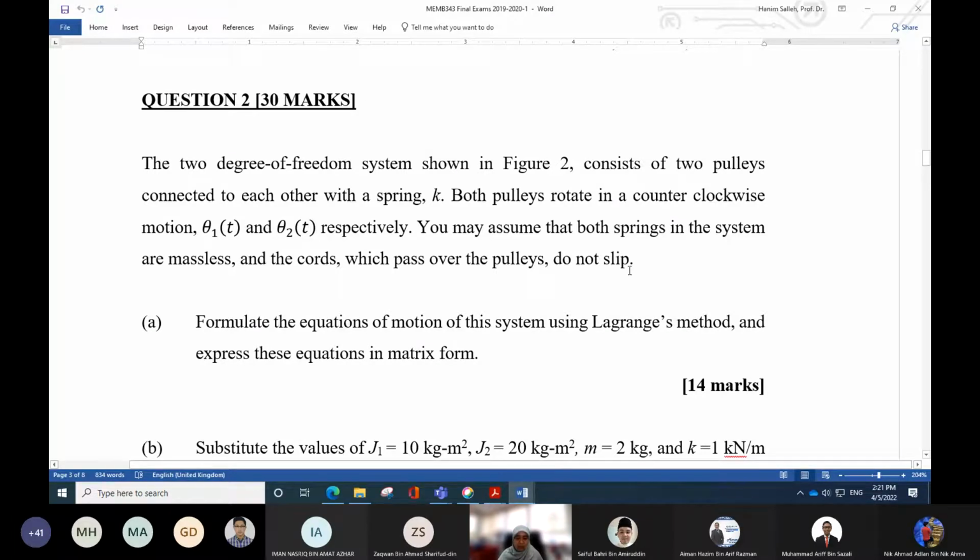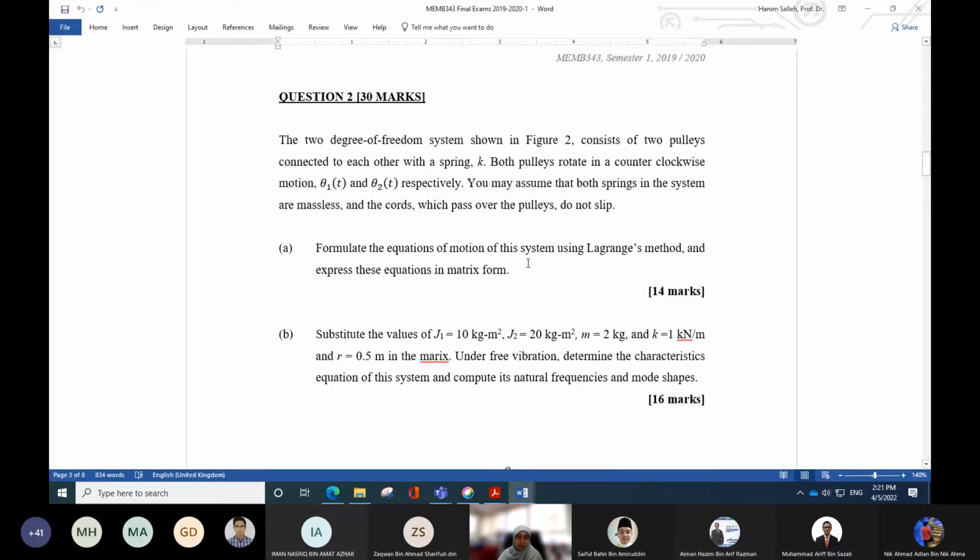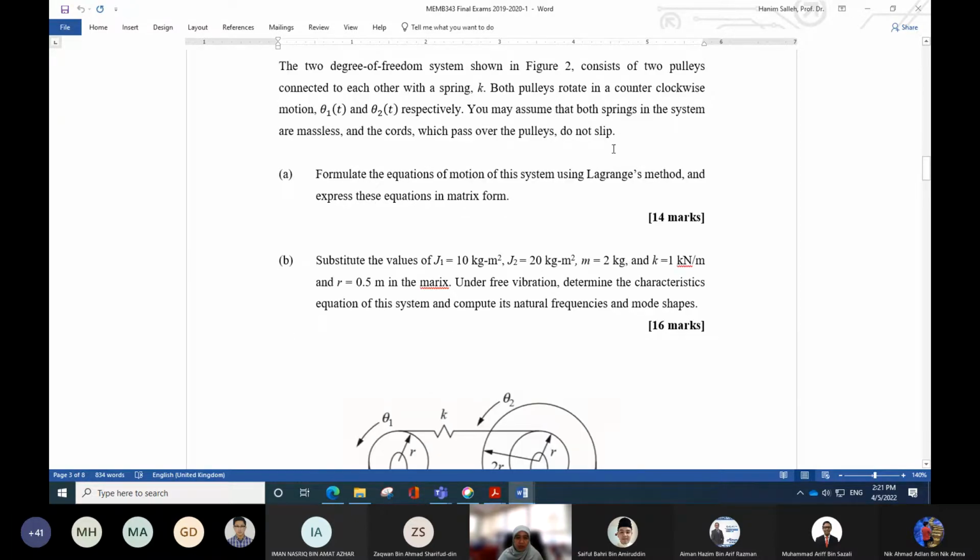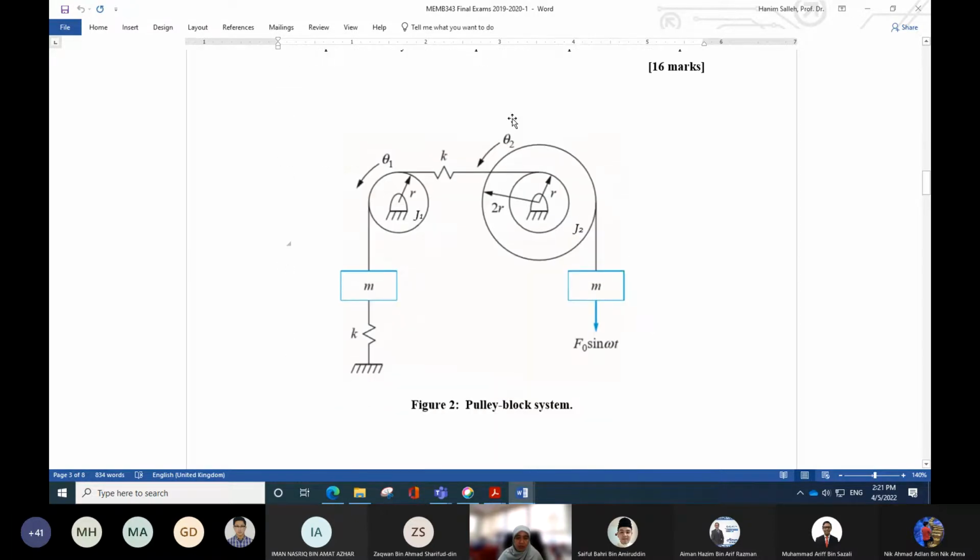So in this case, let me adjust this a little bit. Okay, maybe that's better. Okay, so they give you this figure. It consists of 2 pulleys. And you need to determine somehow the relative displacement of K. But you are asked to use Lagrange.